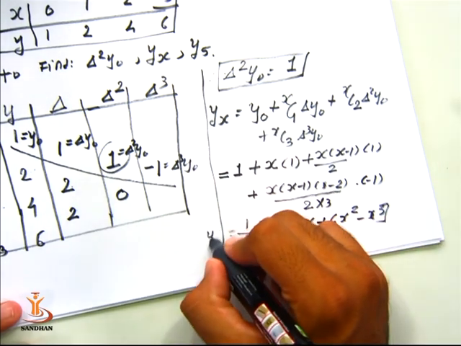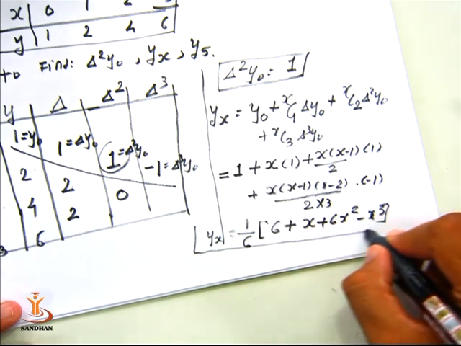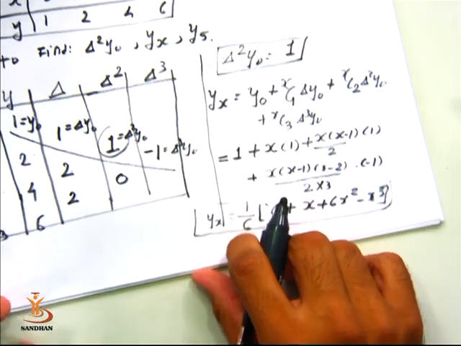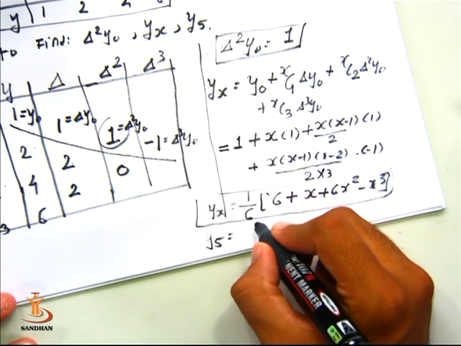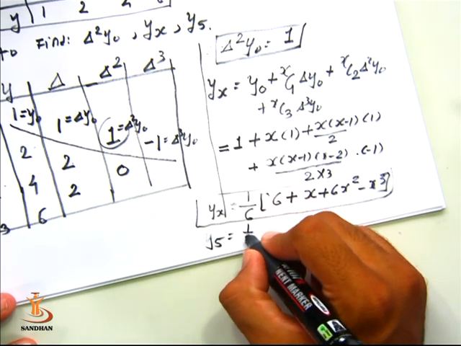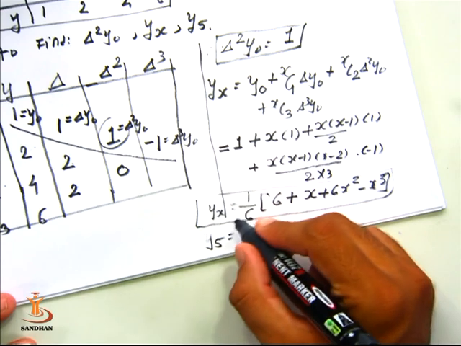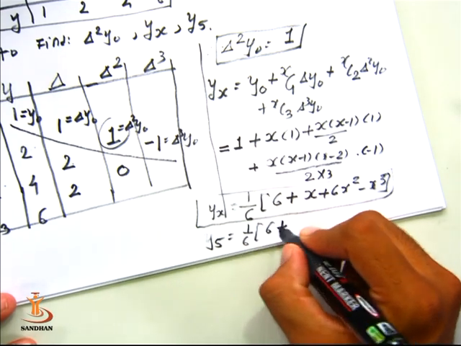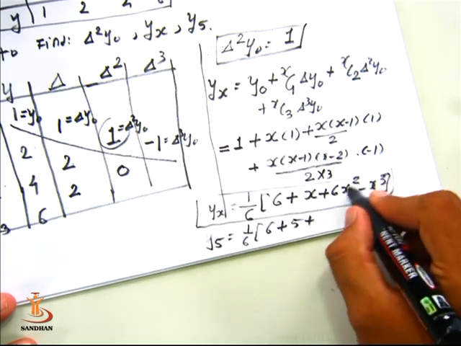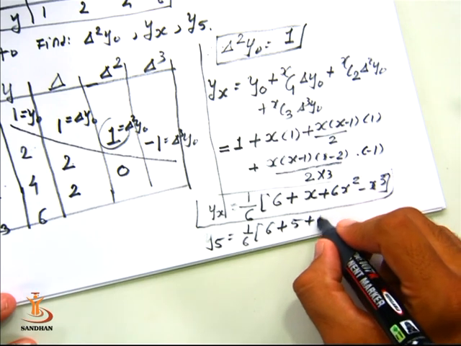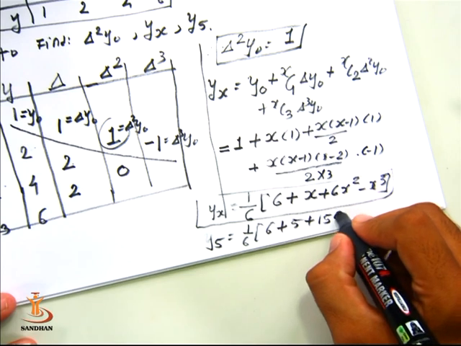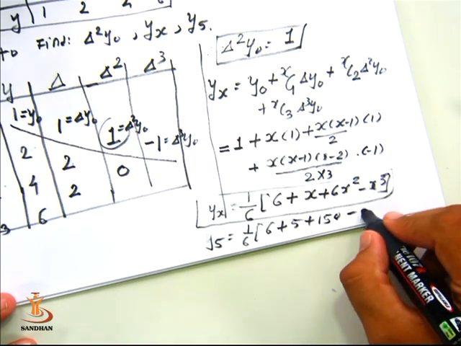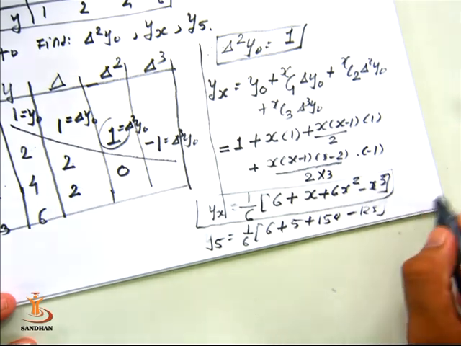So this is the format of y(x) itself, and using this we can obtain the value of y(5) as well. So y(5), if you wish to obtain, that will be 1 by 6, and keeping the value of x as 5, 6 plus 5 plus 25 into 6, that will be 150 minus 5 cube, that is 125.